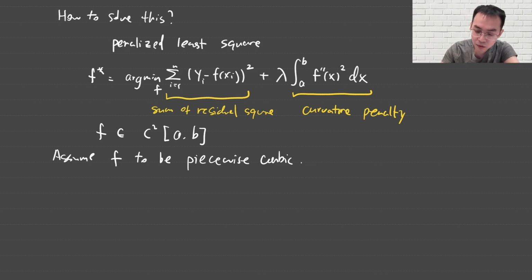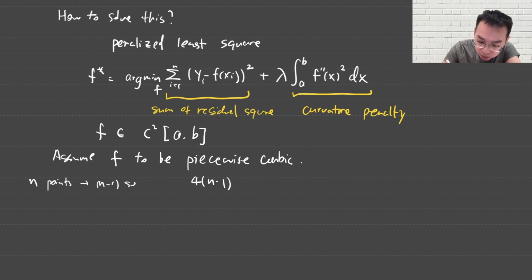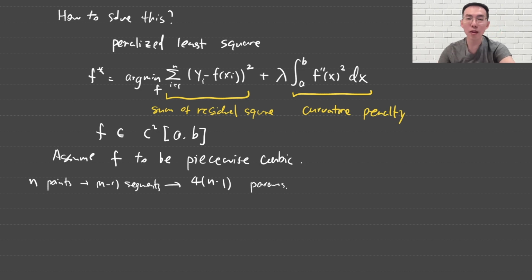For this type of f, there are 4 times (n minus 1) parameters, because the n data points give us n minus 1 segments, and each segment is parameterized by a different cubic function. This way our space is reduced compared to all the twice differentiable functions.